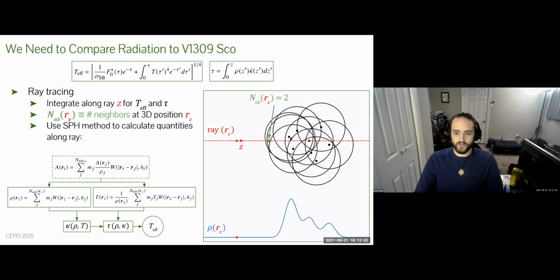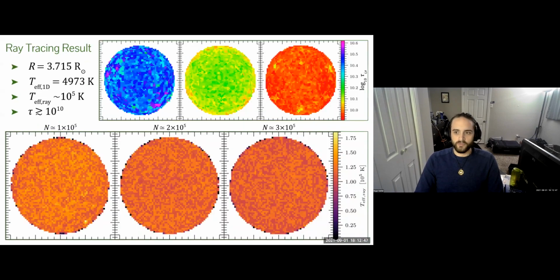So it's similar to SPH, but not exactly the same. The result is effective temperatures that are about 2 orders of magnitude larger than what we expect. We also see that the optical depth is really high in the surface particles, and we show that in the top panel.